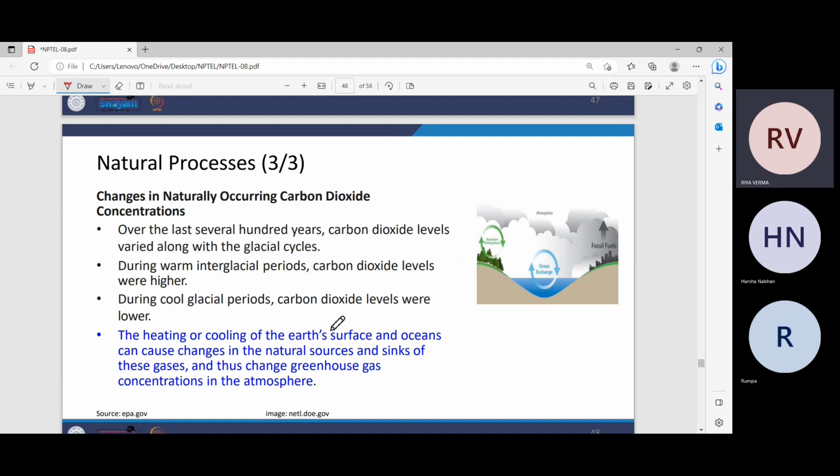So the heating or cooling of the Earth's surface and oceans can cause changes in the natural sources and sinks of these gases. And thus the greenhouse gas concentrations in the atmosphere get changed due to these changes in the CO2 concentrations.